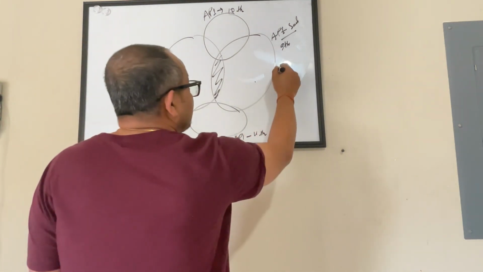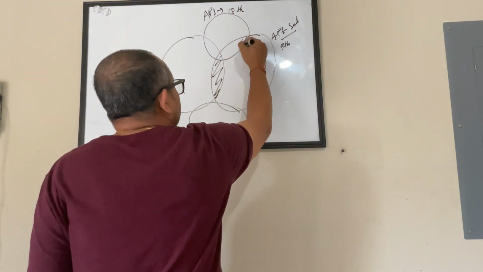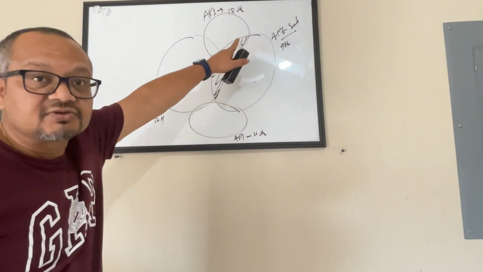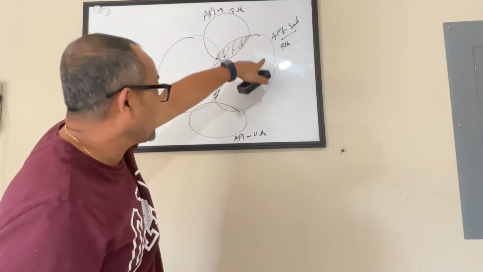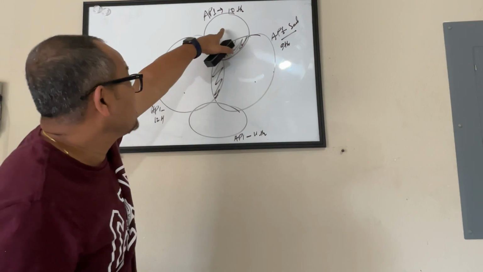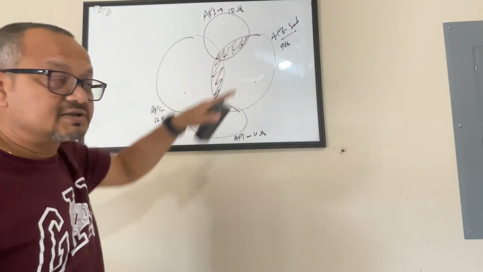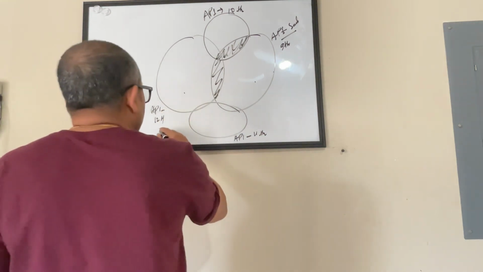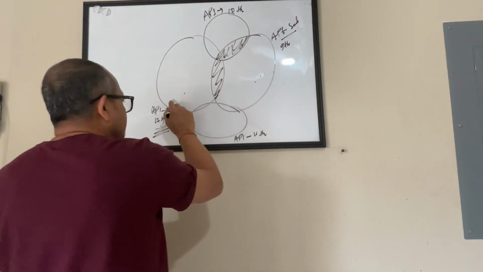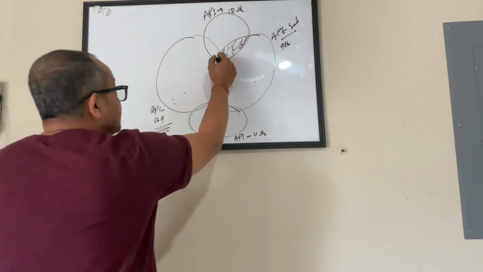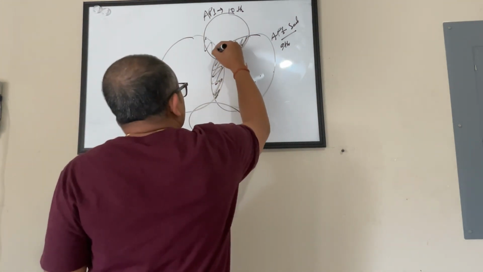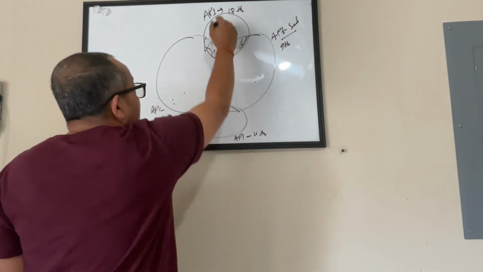In this intersecting section, there is something common between these two circles, meaning some students in 9th grade have taken AP1 and some students in the 10th grade also have taken AP1. Similarly, this piece is common between 10th and 12th grade also.